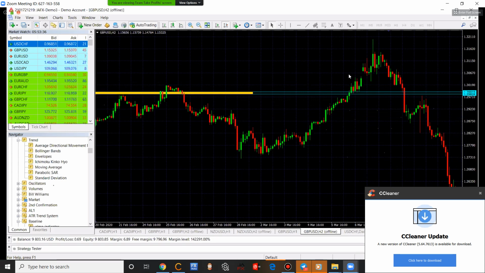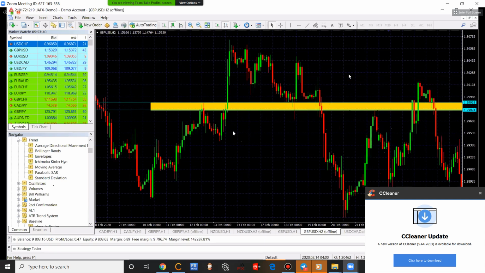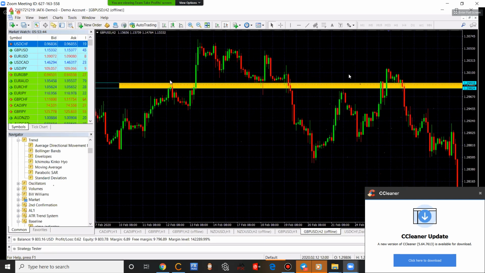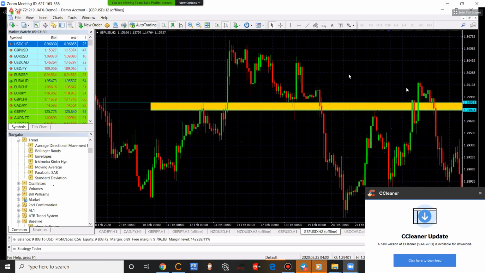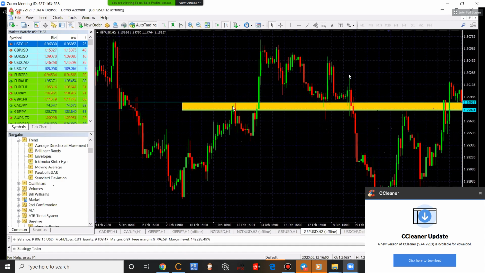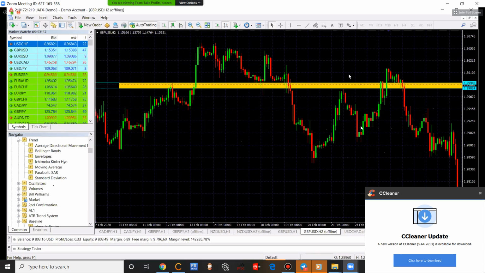So here's the caveat to these zones. The more times the candle touches it, the stronger the zone. At the same time, if it's punching the crap out of it, like in this case, it breaks through, punches it again, breaks through it.